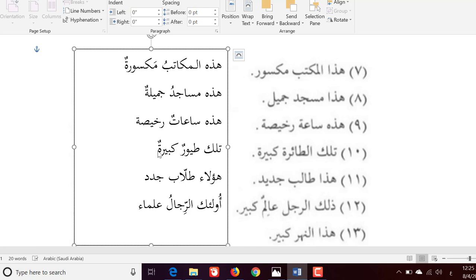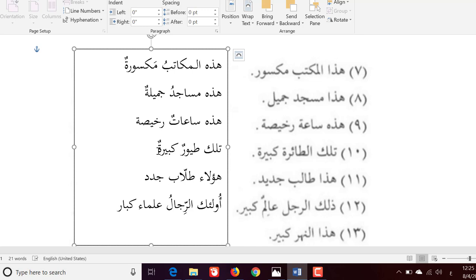Ulama are big scholars. Ulama'un kibarun. Or ulama'u. I have to look at my mamnu min as-sarf chart. Under any circumstances, these or those men are great scholars or big scholars. So everything again has to be changed here.